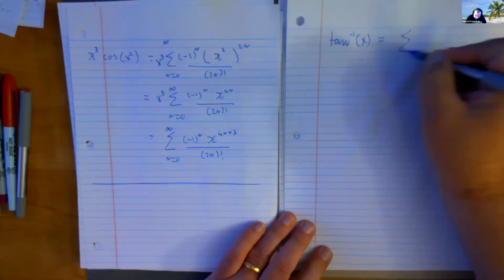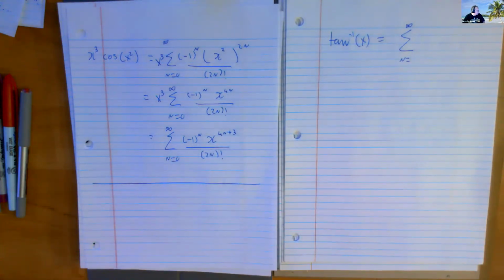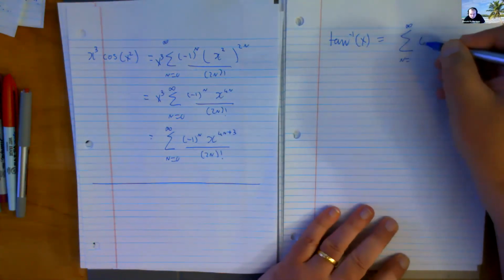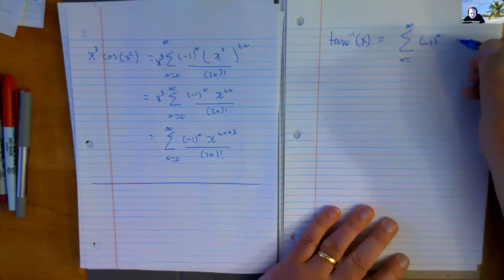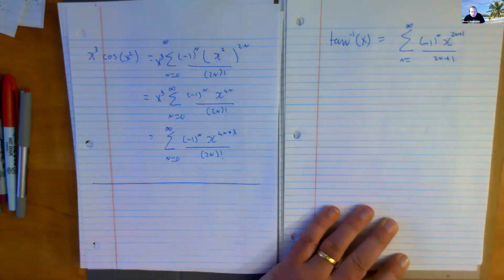Power series for the inverse tan function. Inverse tan is -1 to the n, x to the 2n plus 1, over 2n plus 1.